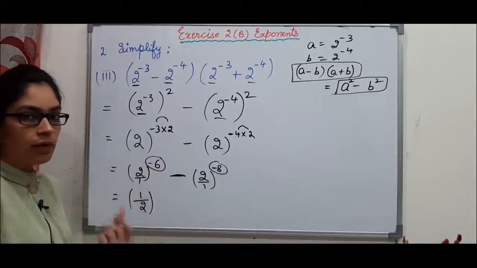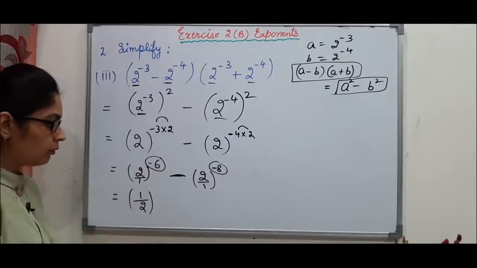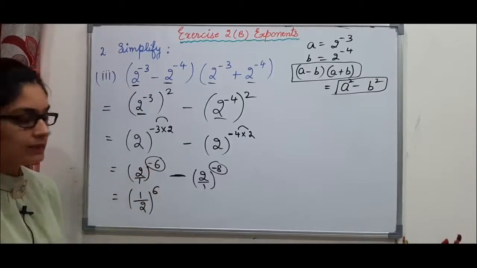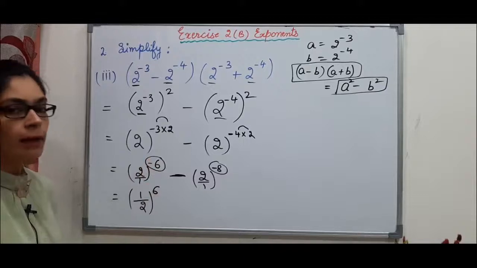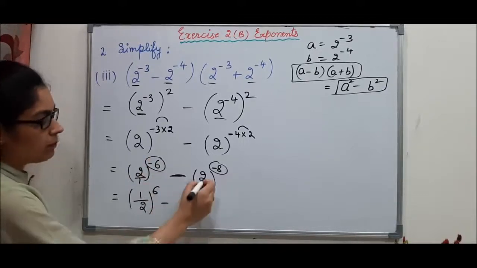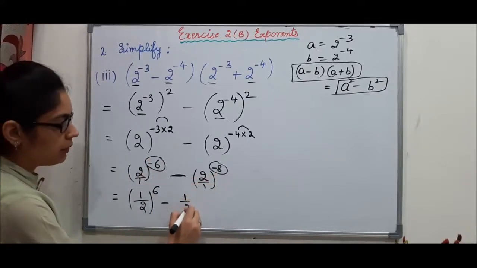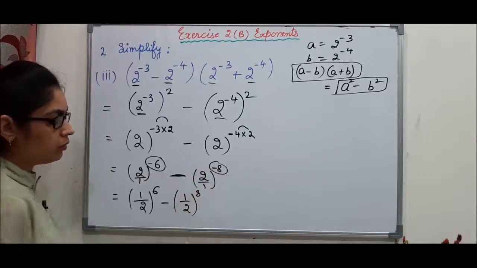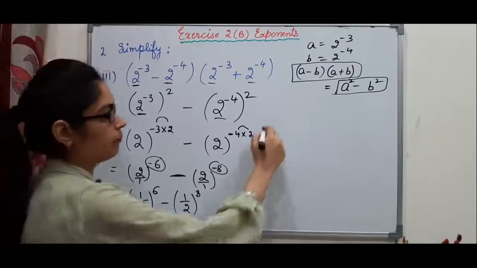So 2 by 1 will become 1 by 2, and minus 6 will be changed to plus 6. Same way, 2 by 1 will be changed to 1 by 2, and after doing its reciprocal, the power will change to plus 8.